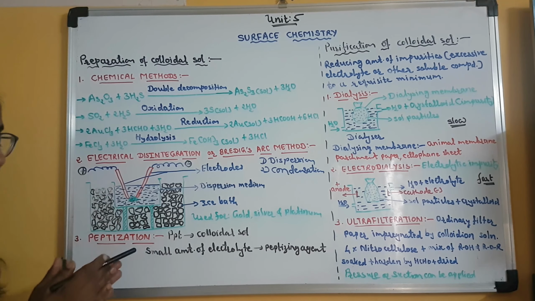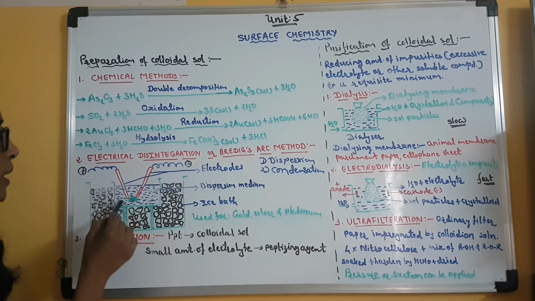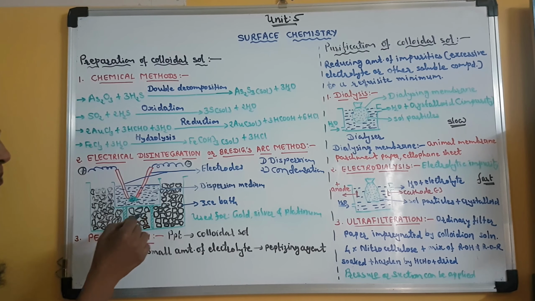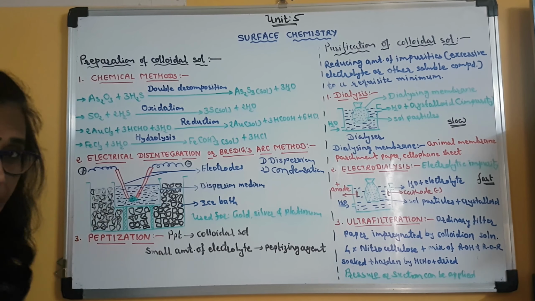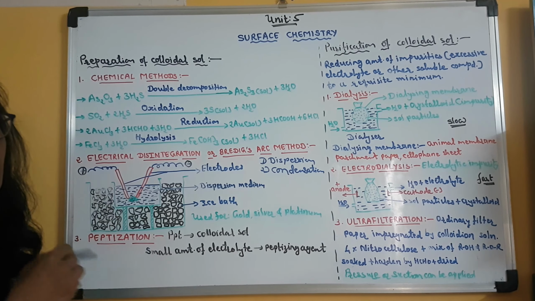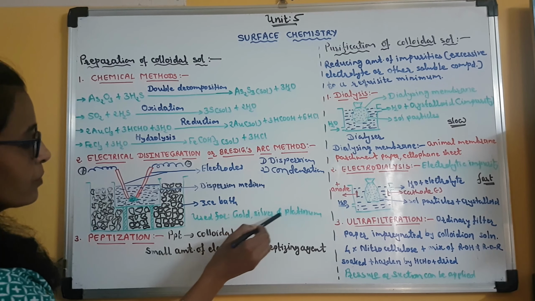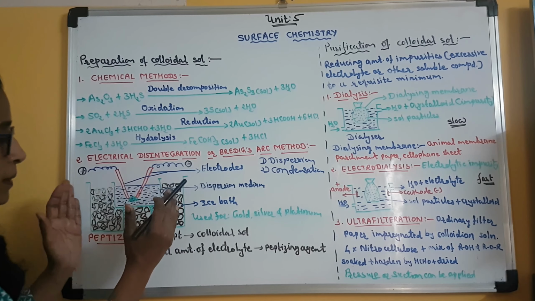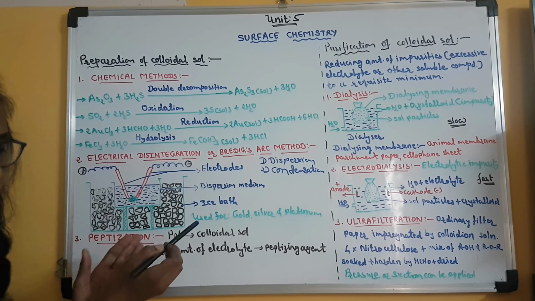So the metal particles obtained by vaporization of the metal electrode are present in the dispersion medium, and outside this medium there is ice. So condensation will take place, and these particles will be converted into colloidal size particles, and that is how a colloid of gold, silver or platinum is obtained. Clear? So this method is a combination of two techniques.